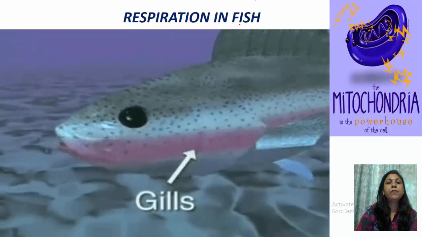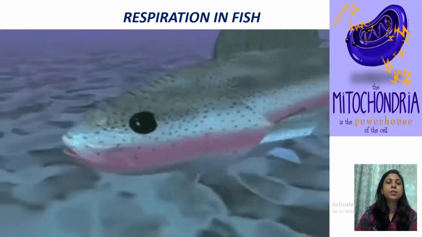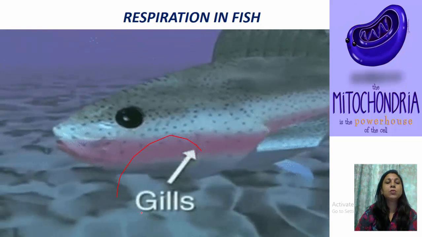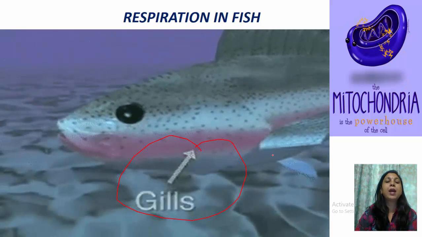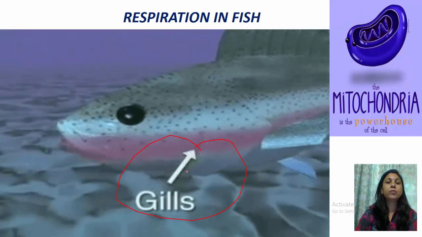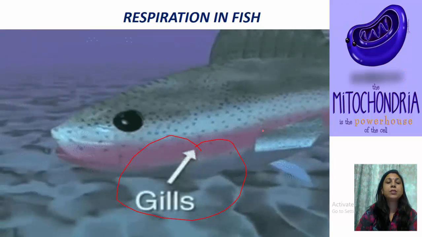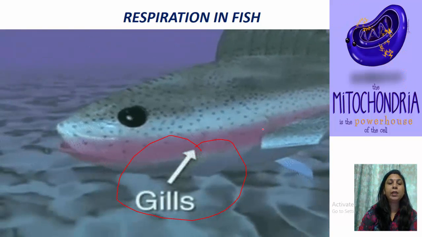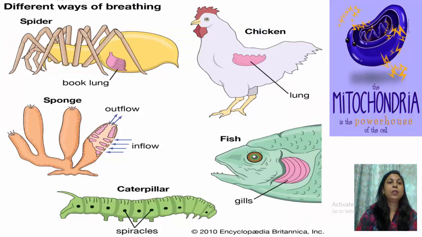Now respiration in fish. Obviously, these gills are also used for the exchange of gases. It's actually the breathing in fish, meaning the breathing organs of the fish. Exchange of gases takes place with the help of gills. Now here the different ways of breathing in different animals are given. Spider has book lungs for the exchange of gases.